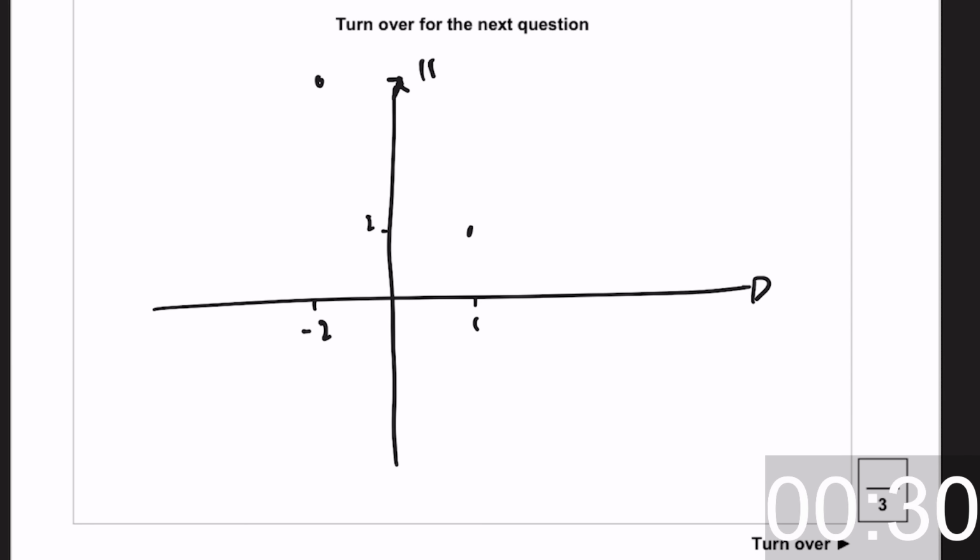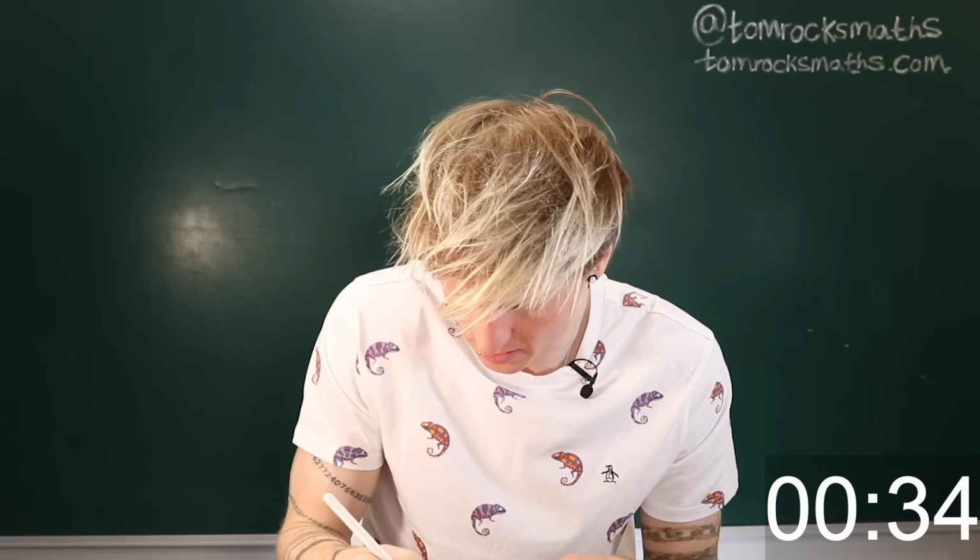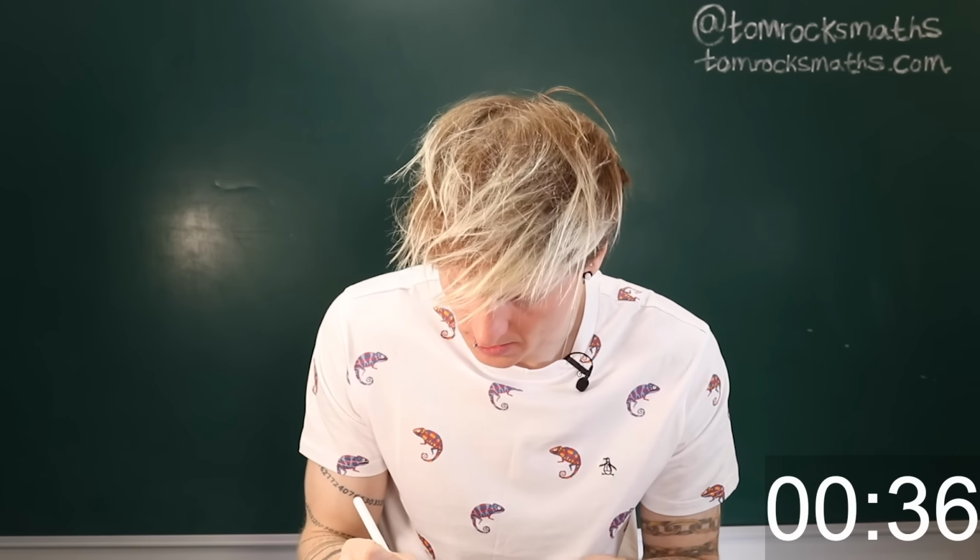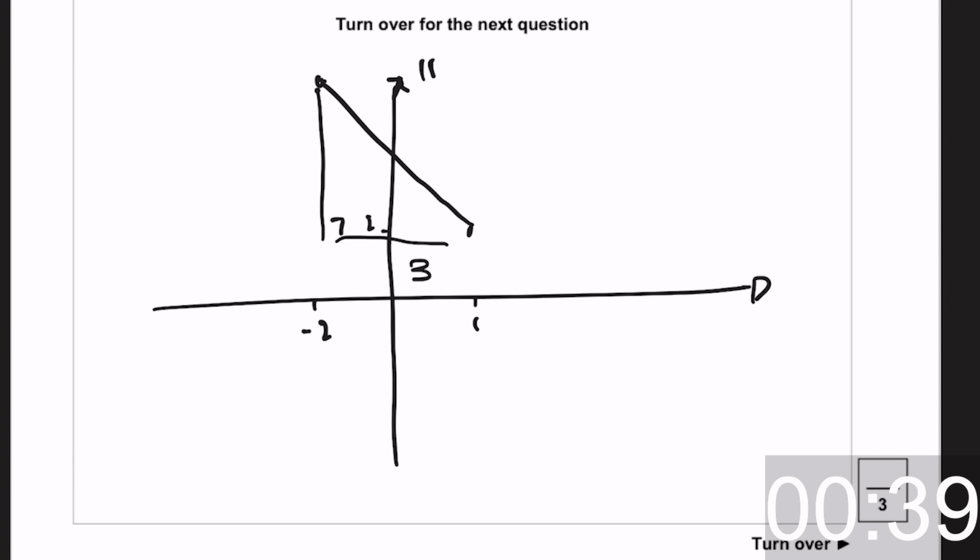1 and 2. Okay, so if we form this triangle with a right angle, this one is 3. We know the height has gone from 2 to 11, so it's 9. So therefore the gradient, delta y over delta x, is 9 over 3, which is 3, and it's negative.